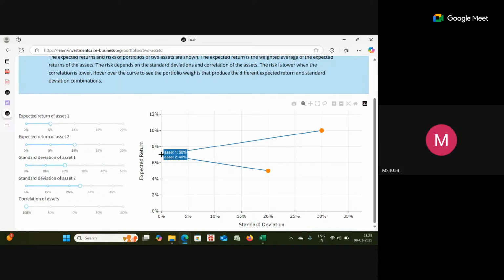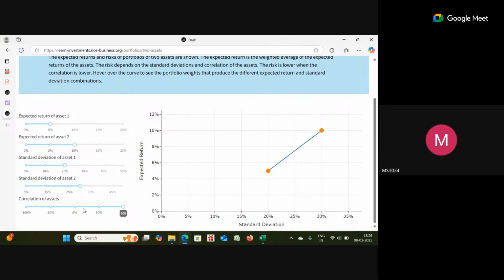That will lead to a portfolio which has zero standard deviation. That means it is a kind of risk-free portfolio. This is the case when the correlation is -1, or -100%, perfectly negatively correlated. The opposite of that is perfectly correlated. In that case, this minimum variance set becomes a straight line.